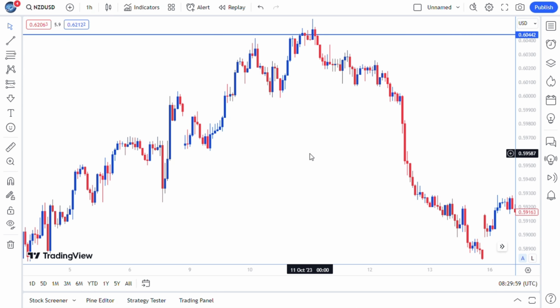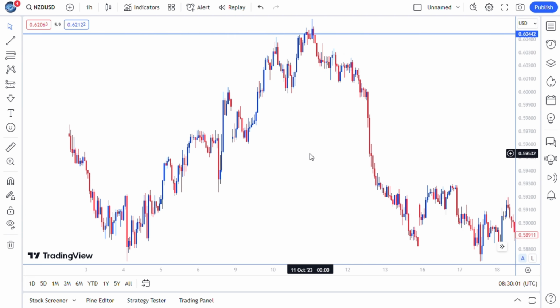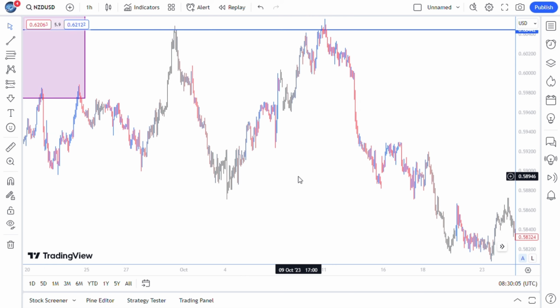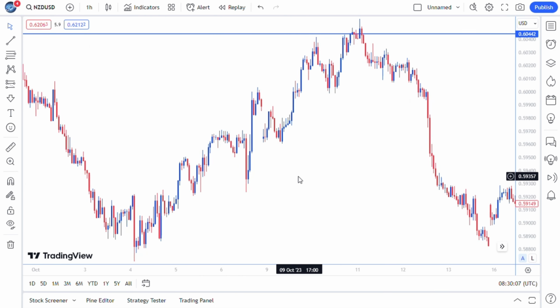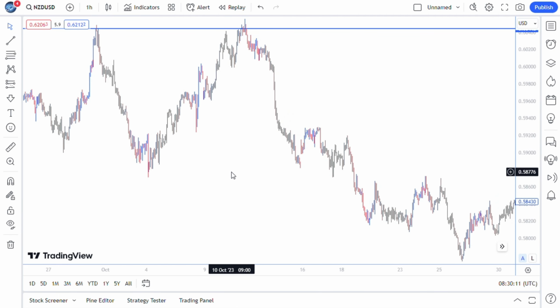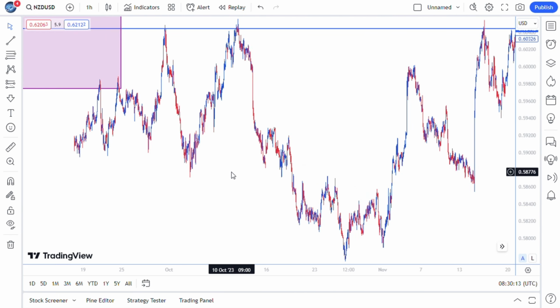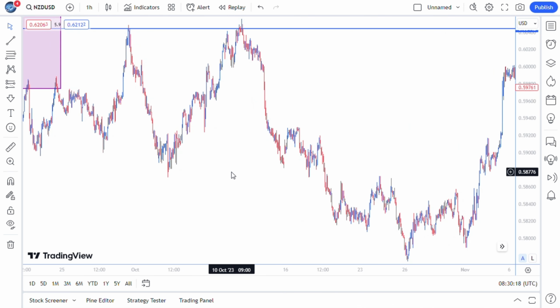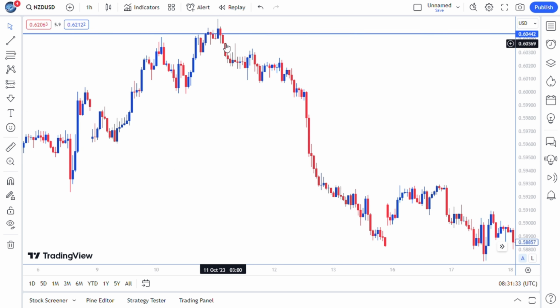This is on the 1 hour time frame. Here was a good entry level.